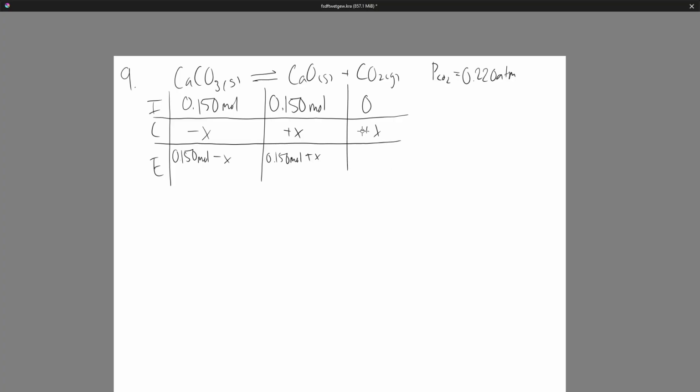Well, right now we're working with just moles right here. So what I can infer from that is we should also get some amount of moles here. But how do we solve for this if we can't use the Kc equation? Well, we have to use something else.